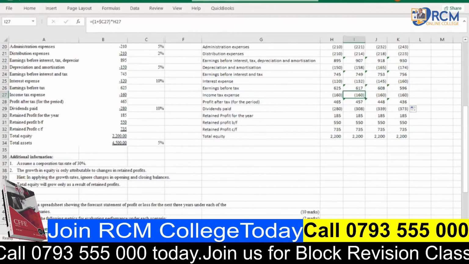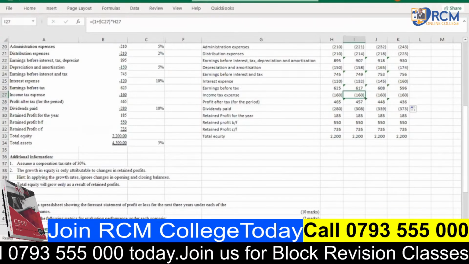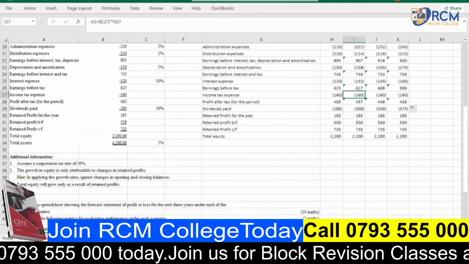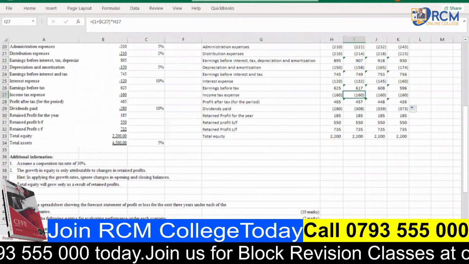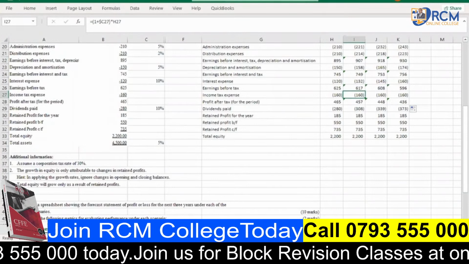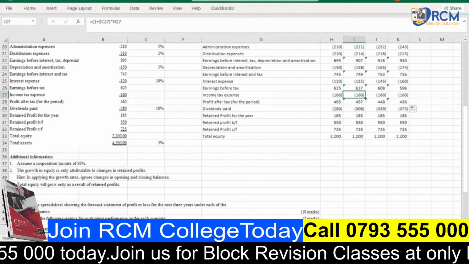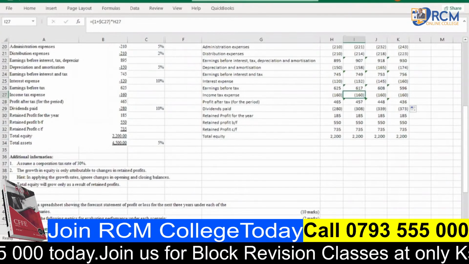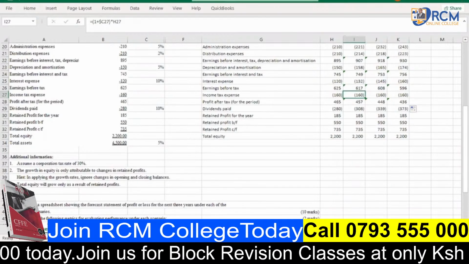30% of 617. Okay. Sasa nataka kuona responses from everyone. Income tax expense is given and there is no increase, so it is assumed constant. So that is for 2023. Taxes is not increasing, but it is constant.